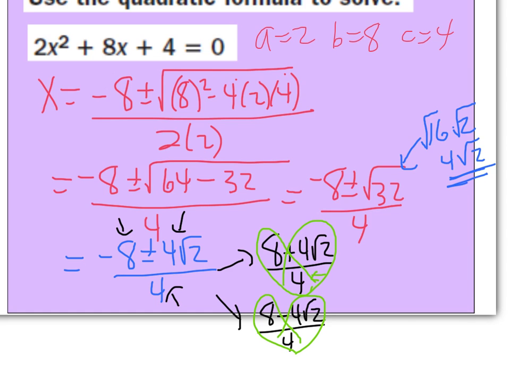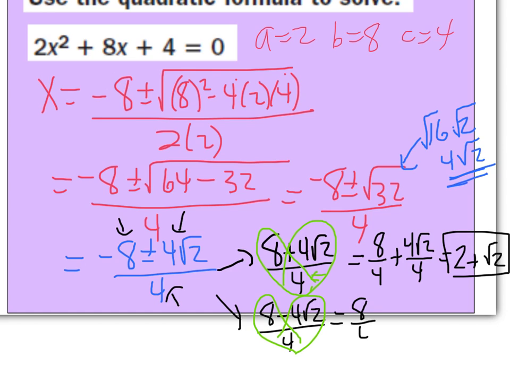If you do that, what you'll get is 8 over 4 plus 4 times the square root of 2 over 4. Now be careful, this simplifies: 8 over 4 is 2, 4 divided by 4 is 1, so it actually becomes 2 plus the square root of 2. The bottom one, when I break it up, is 8 over 4 minus 4 times the square root of 2 over 4.